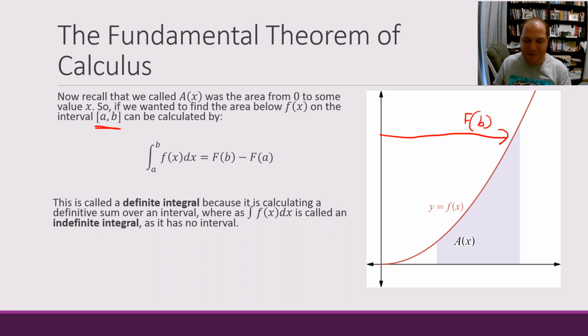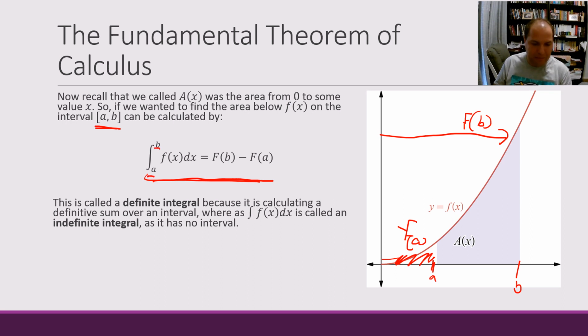From 0 up to b, that will be F, our antiderivative, of b. If we want to find the area from a up to b, we can just take our area from 0 up to b, and then take away F of a.